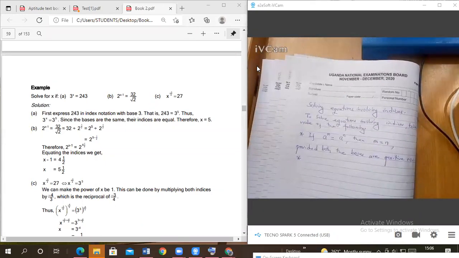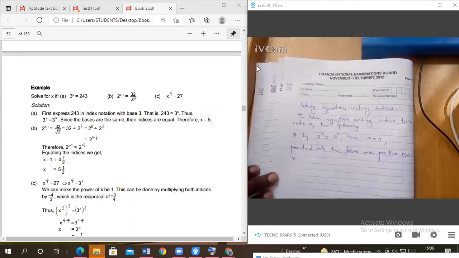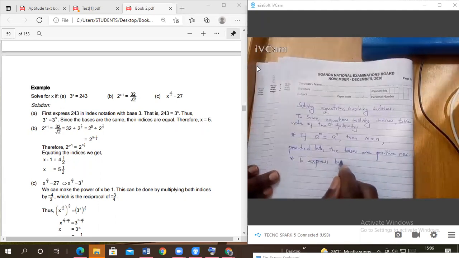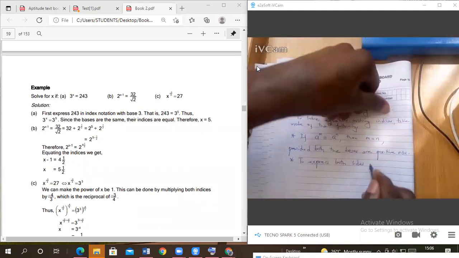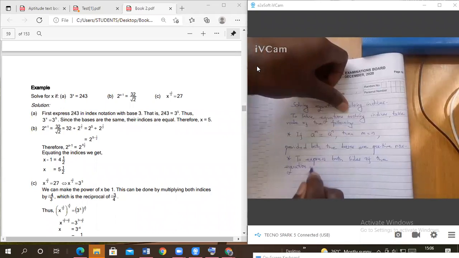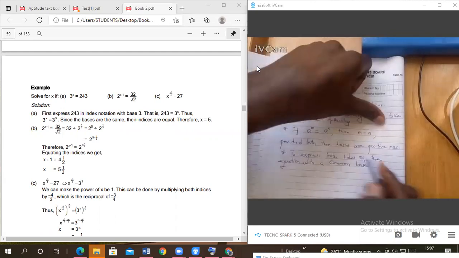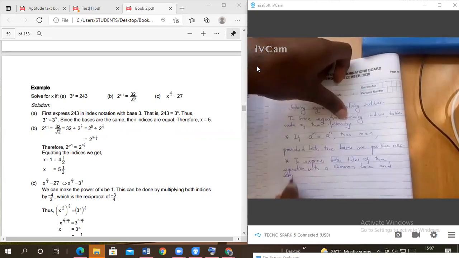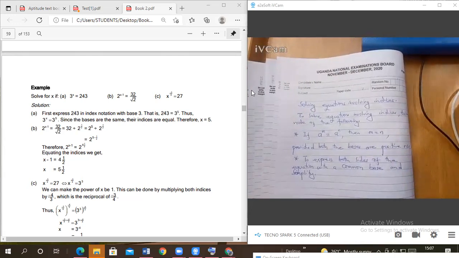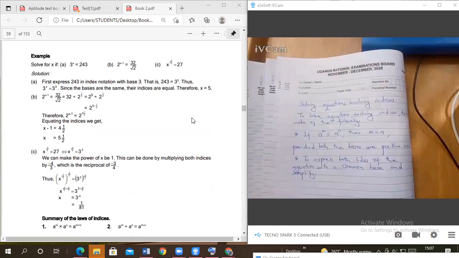Then number two is to express both sides of the equation with a common base and simplify. Are you together, members? All right.